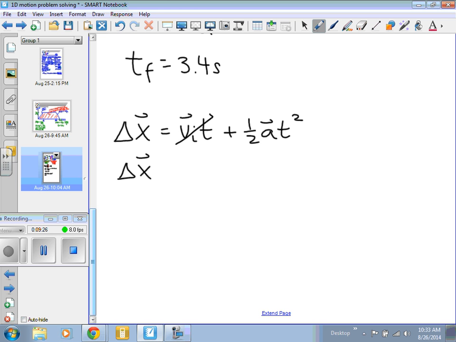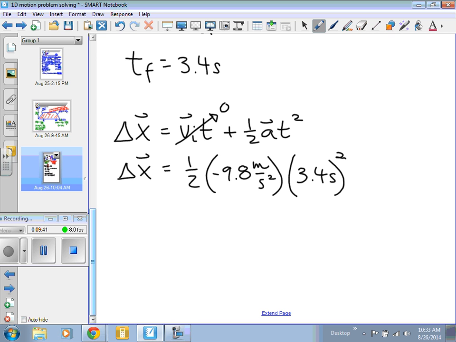We know our initial velocity was 0, so we just do 1/2 times acceleration, which is negative 9.8 meters per second squared, times time squared, so 3.4 seconds squared, and we get 56.6 meters.